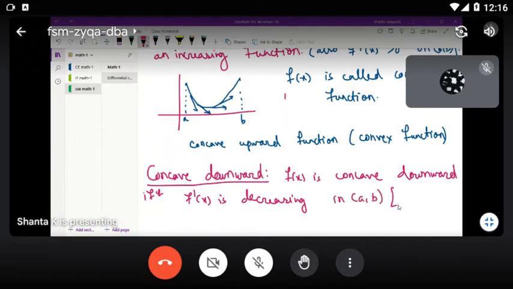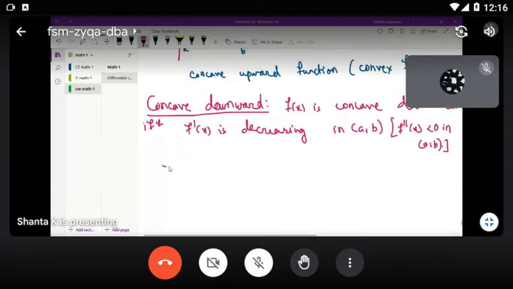Or in other way you can say f double dash x is less than 0 in the interval ab. Okay, and here this f(x) is called concave function.